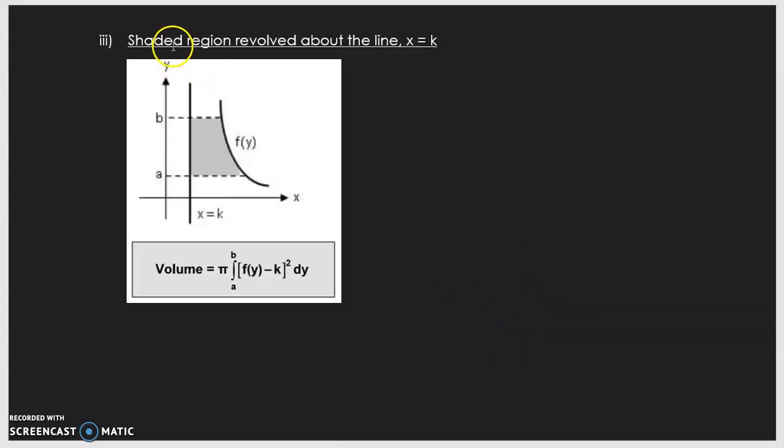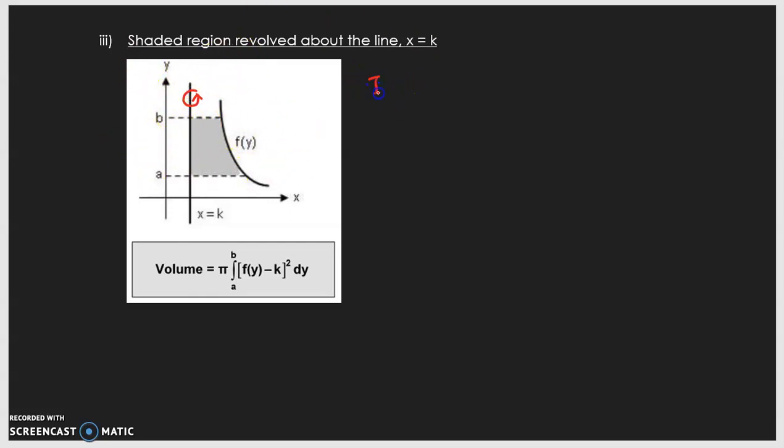Next, we look at if the shaded region is revolved about the line x equals k. You can see that in this question, it's going to revolve here. So this is right to left, right to left.